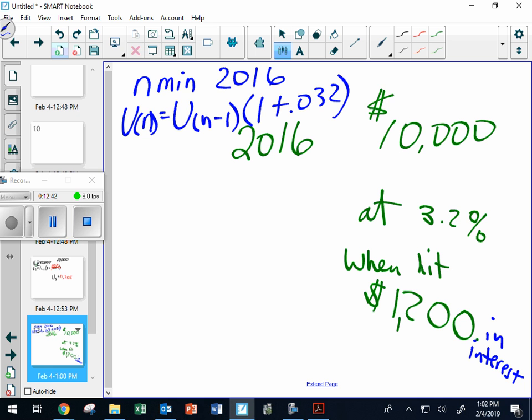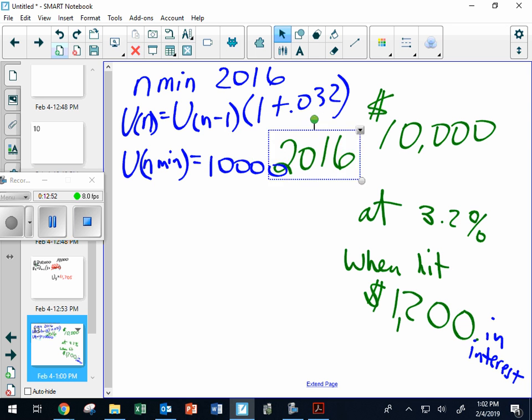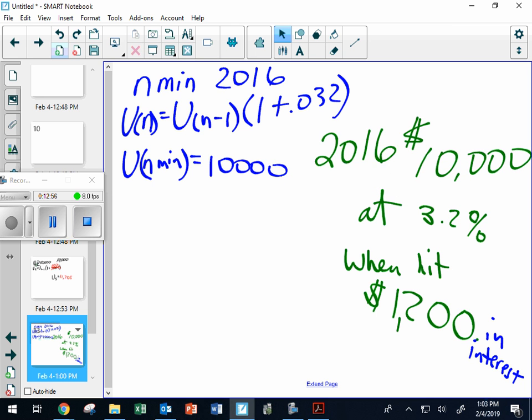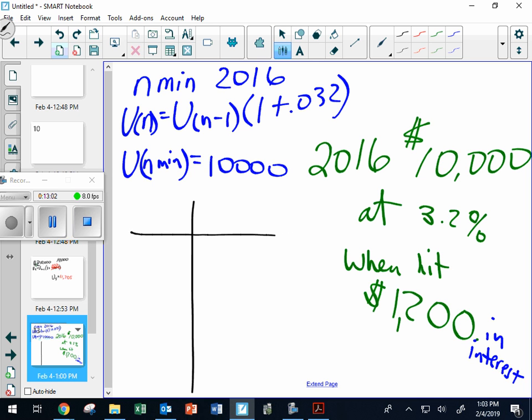And then you'd have this. And I personally would do this date of 2016 because then it'll be easier to look on your chart and find out exactly when 1,200 matches up with a year.